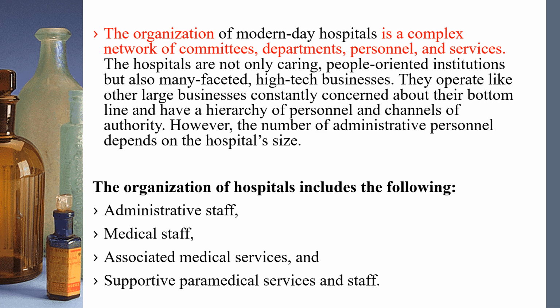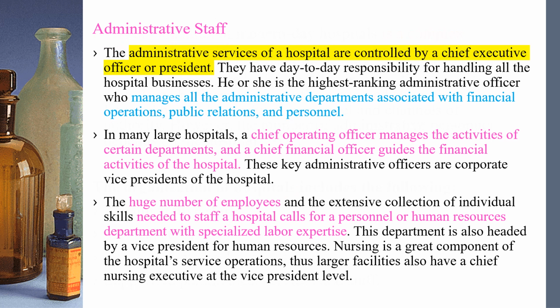Now coming to the organization of hospitals. Now as we saw, this contains administrative staff, there will be a medical staff, associated medical service as well as supportive paramedical staff. Now coming to the administrative staff, that is the first one. So the administrative service of a hospital is controlled by a chief executive officer or a president.